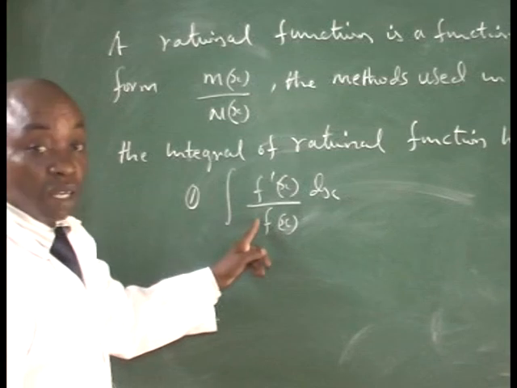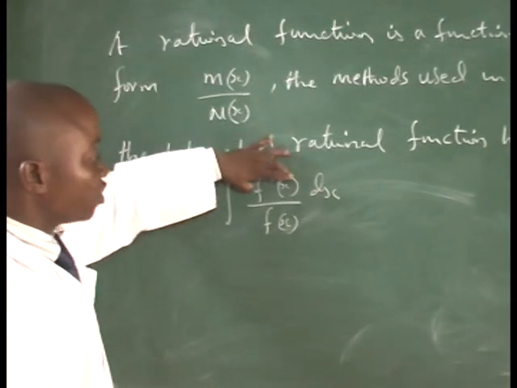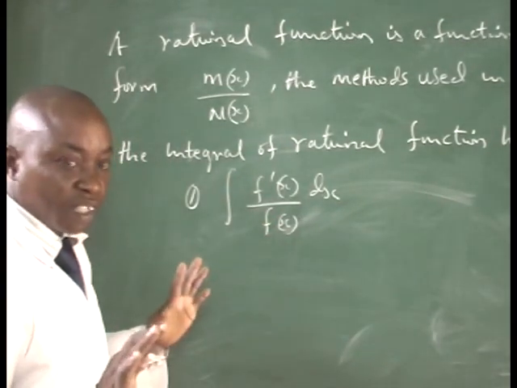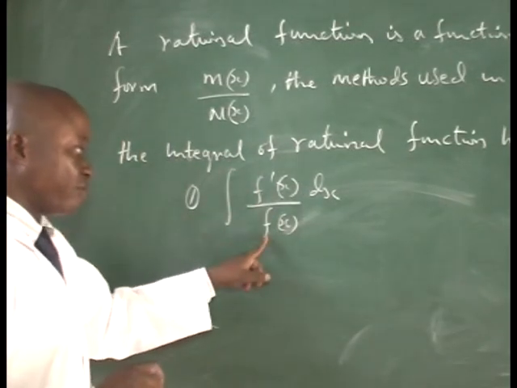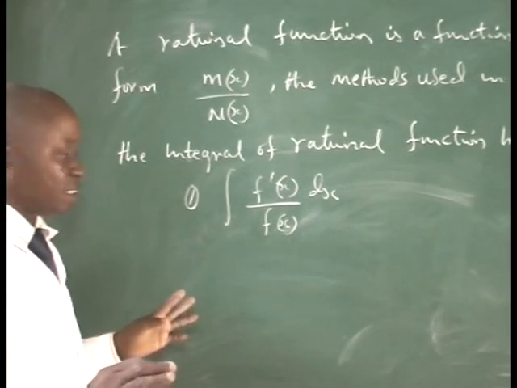You see a rational function of this form where the numerator is the derivative of the denominator. So when you are given a rational function, the first thing is to look: is the numerator the derivative of the denominator? If yes, we have a pattern.